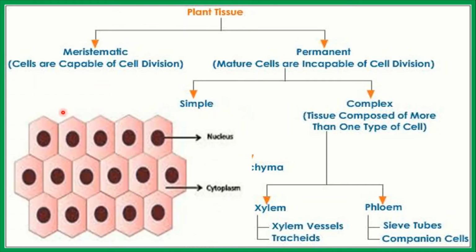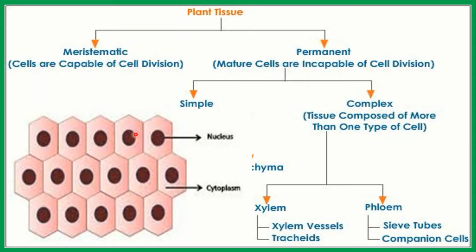Everybody see the figure. This one is the meristematic tissue. So meristematic tissues are capable of cell division, and these cells look oval, rectangular or hexagonal, and the cell wall is very thin because the cell wall is composed only of cellulose, and you know that cellulose is a non-living thing.